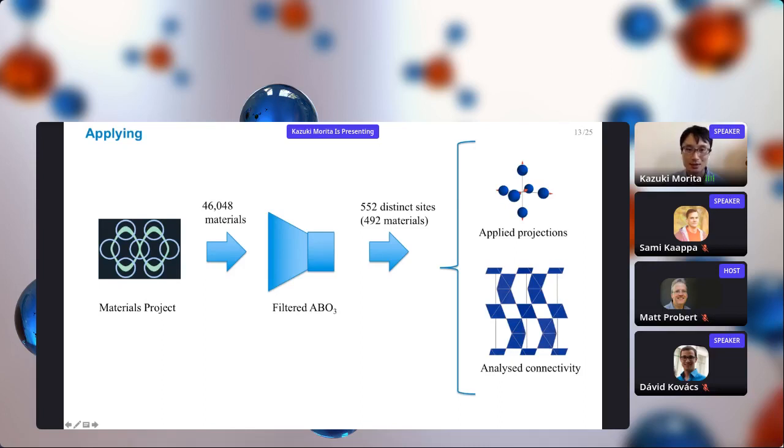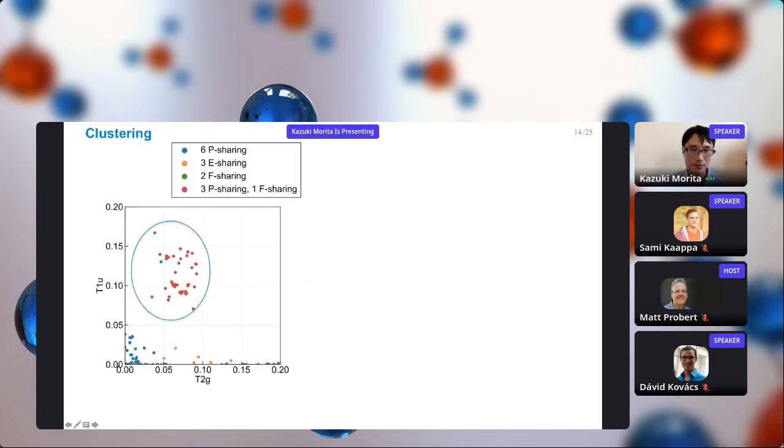We applied the projection and also analyzed connectivity to see what kind of materials are in there. This is a plot of the T2g distortion against T1u. You can clearly see clustering here that is well separated from the remaining data points. The coloring is according to the connectivity of octahedra.